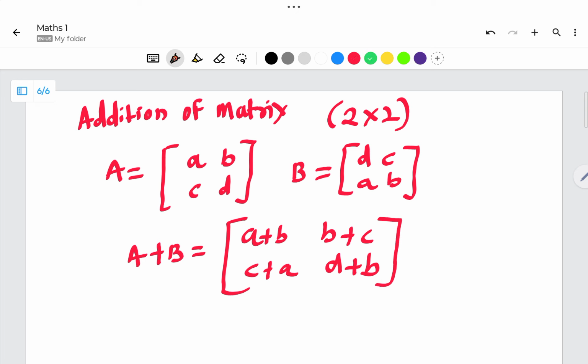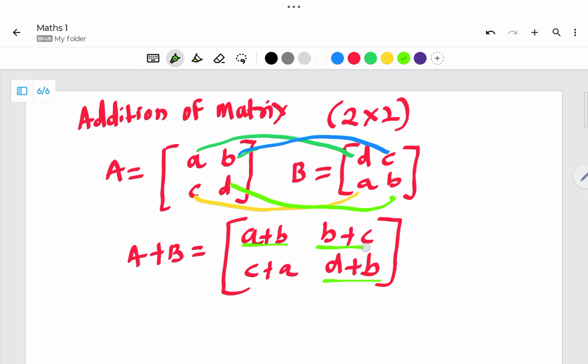So here you have to add the first element with the first one, the second element with the second one, the third element with the third one, and the fourth element with the fourth one.